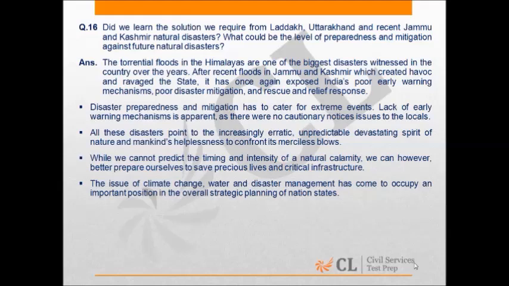The question asks whether we learned anything, what our preparation for the situation is, and what the level of mitigation is. The flash floods of Ladakh in 2010, the Uttarakhand disaster in 2013, and the very recent flash flood of Jammu and Kashmir, especially the Kashmir Valley. Did we learn anything?